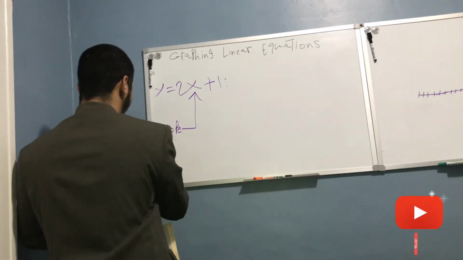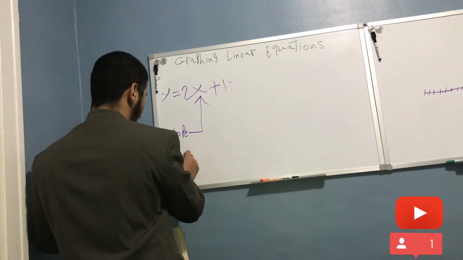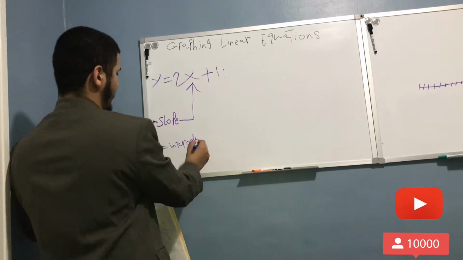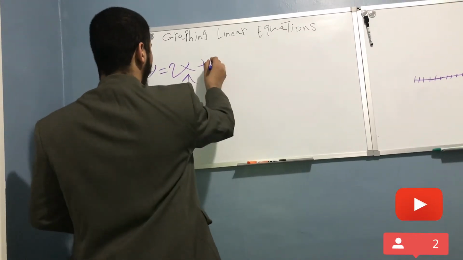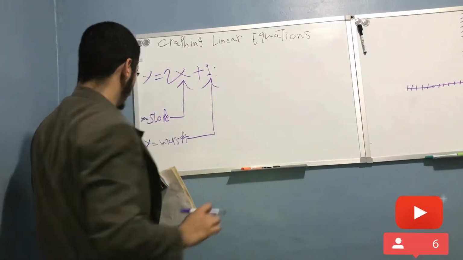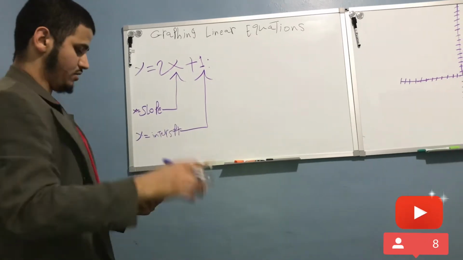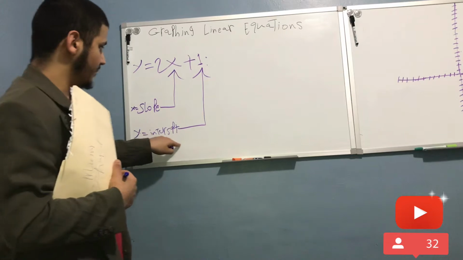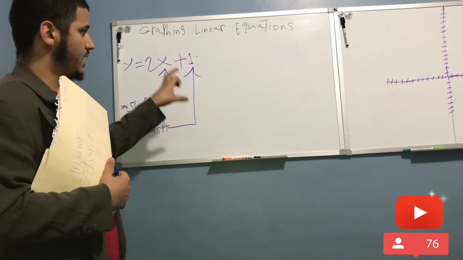And the constant is the y-intercept. The y-intercept is right here, this one. We have the x, that's the slope, and the y-intercept, this one. Then I'll explain these deeply and how to solve them.